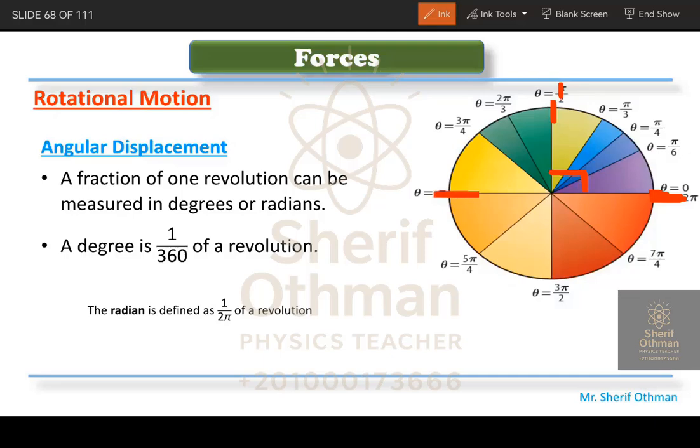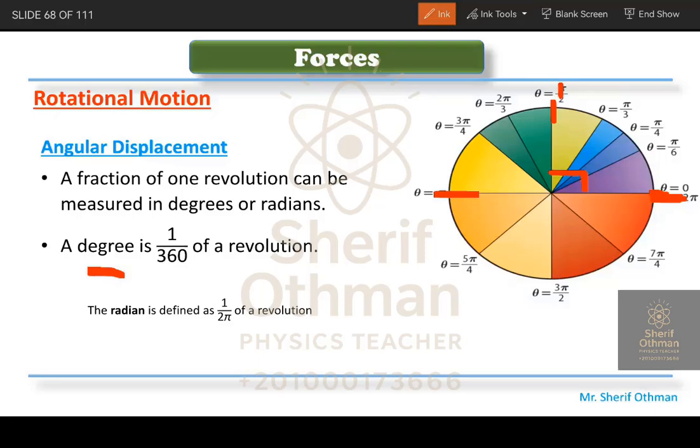And a complete revolution is 360. This displacement is measured in degrees, and 360 is the total angle of the circle, so one degree is 1 over 360 of a revolution.